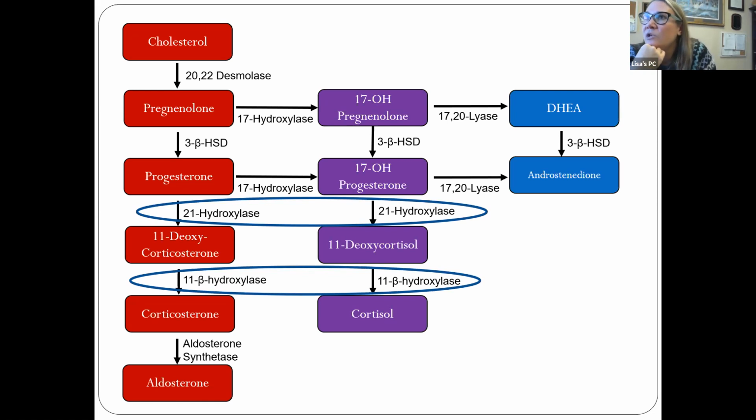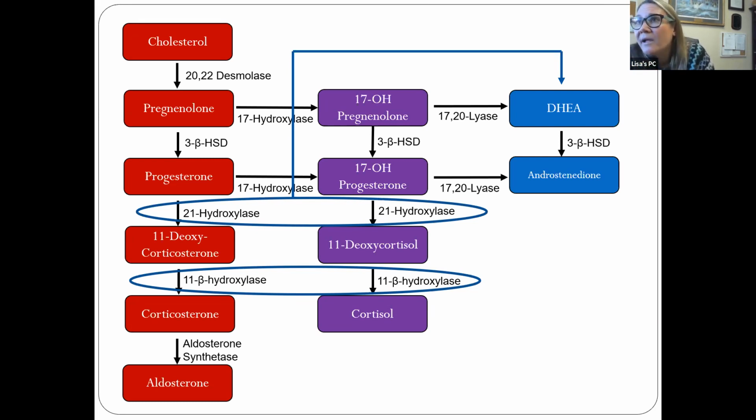And that's why the newborn screen in every state uses 17-hydroxyprogesterone as the test for CAH, because in more than 95% of cases of CAH, it's going to be elevated. And then, of course, if you're deficient in that, your precursors are going to build up and shunt over to your sex steroids, so you get androgen overproduction.